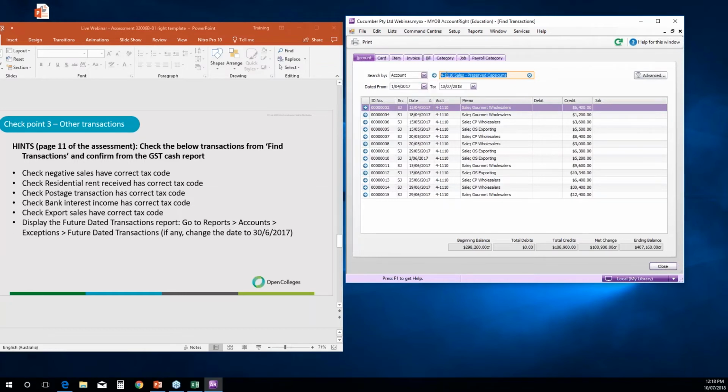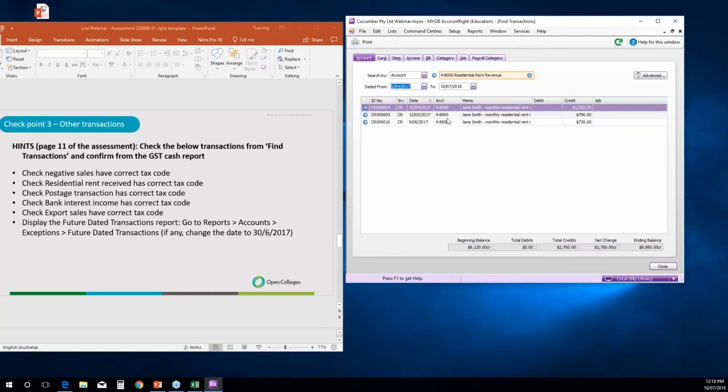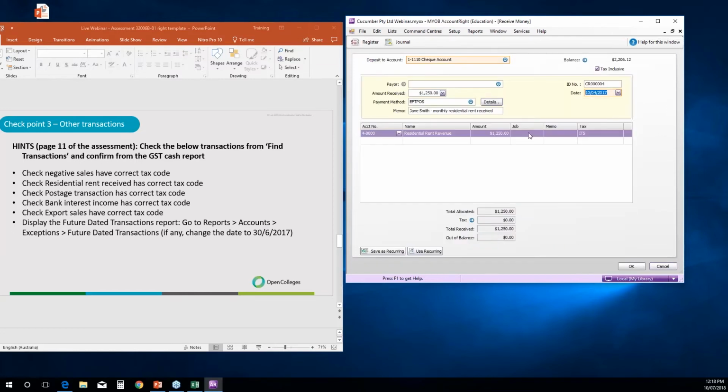The next one, residential rent received. Rent received must be income. So I will look for the income part and we have residential rent received. So we have these ones given. All you have to do is just go one by one and check whether they have a correct tax code or not.